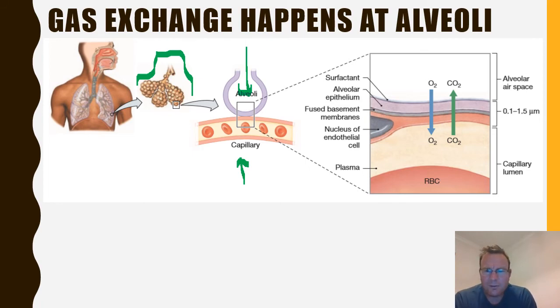What we have on this right hand picture, which I'll colour orange, is the gas exchange that's taking place. Here oxygen is being drawn into the capillary and carbon dioxide is being taken back out. So the alveoli are the primary sites of gas exchange.